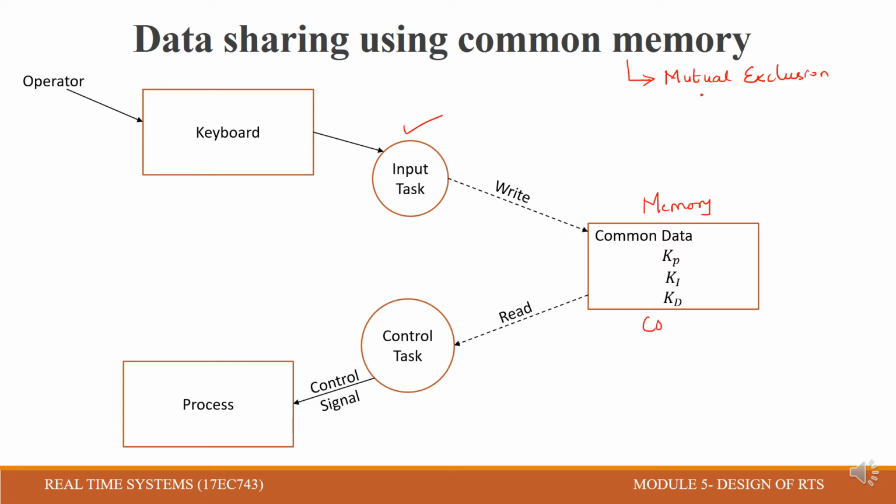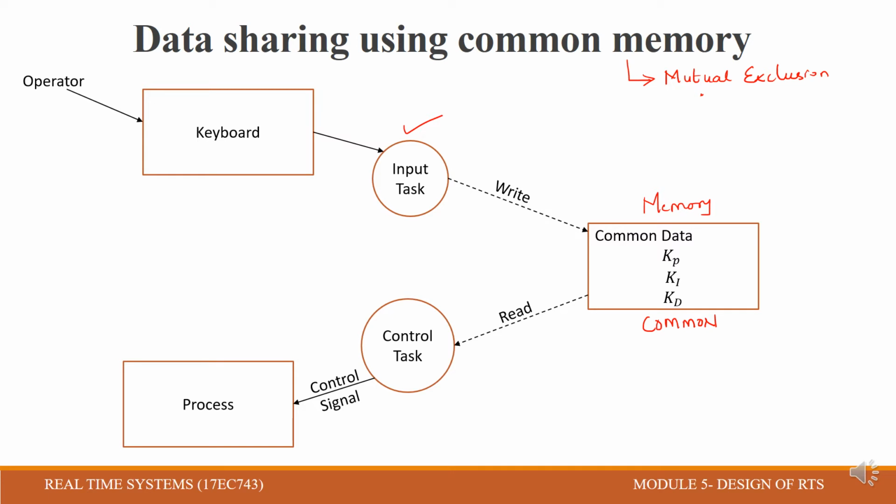This is like a critical section. So we have a common space in order to store all the received data from the input task. It is named common because it should be accessible to both tasks. The values updated in this memory should be accessed by both the control task and the input task.